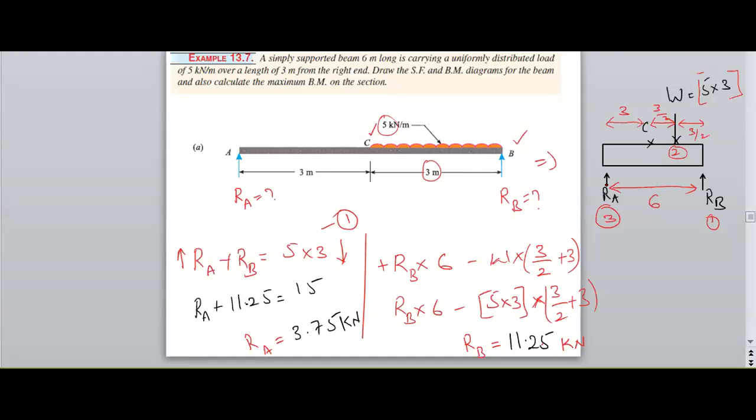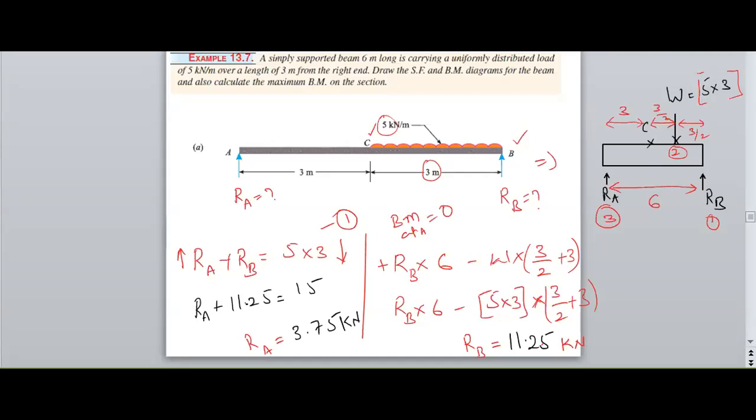The second equilibrium condition is that clockwise couples need to be equal to anti-clockwise couples. Considering the bending moment at A, the net bending moment at A is equal to 0.